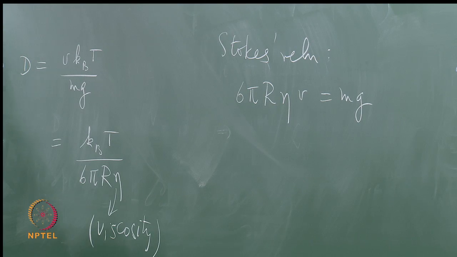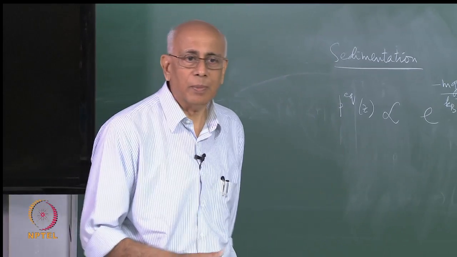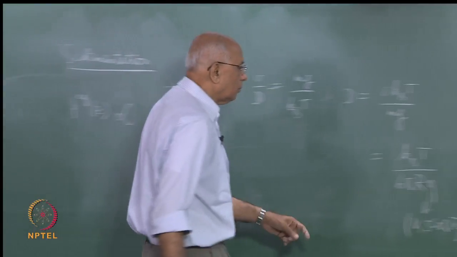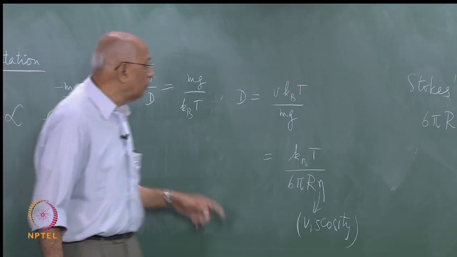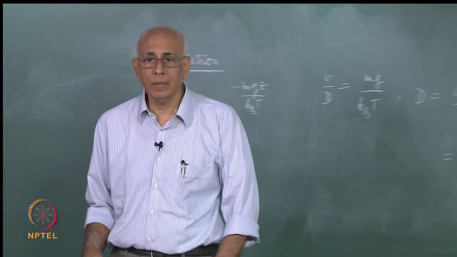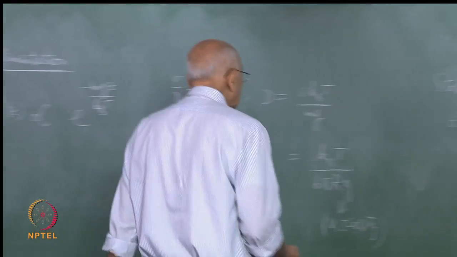If it is not a spherical particle but an ellipsoidal particle, then these factors change a little bit, depends on the aspect ratio and so on. But whatever it is, the viscosity of the fluid appears here in the denominator and the temperature appears up here, and the diffusion constant is related directly to these. So it is measurable directly from this. This relation was derived by Einstein.